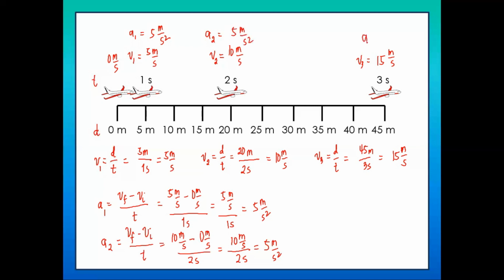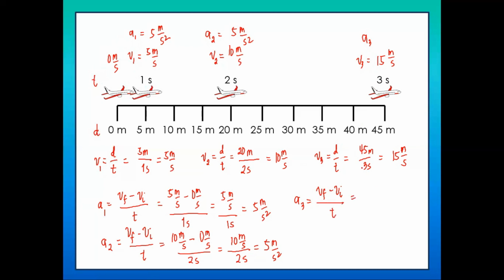Okay, now for the third acceleration, we'll be using still the equation V sub F minus V sub I, but our values here are for V sub F, this V sub 3, and still our initial velocity is 0. It doesn't change.